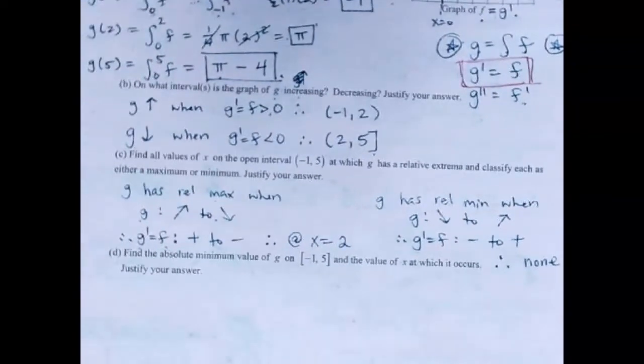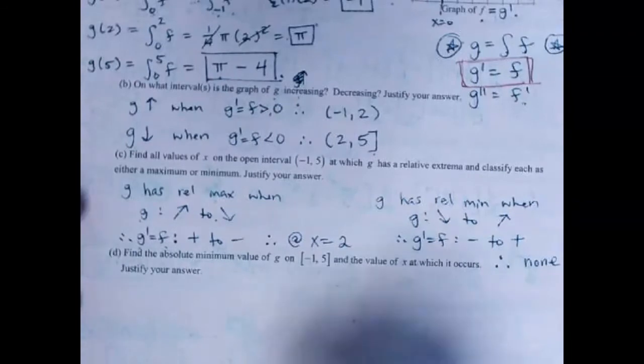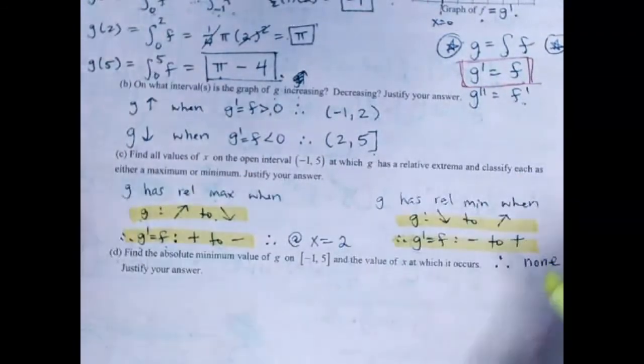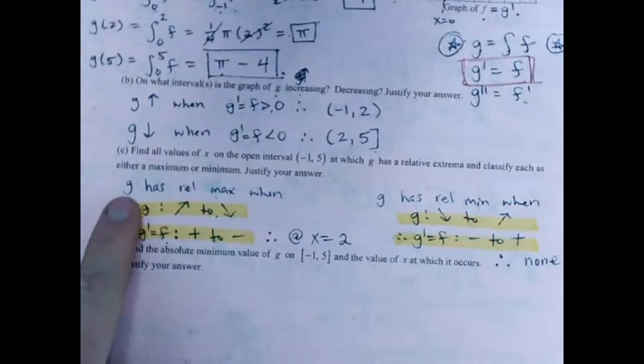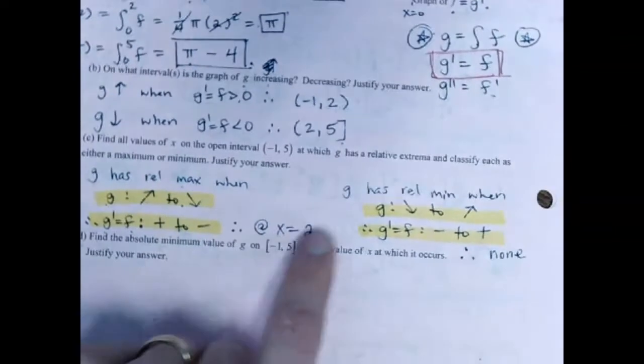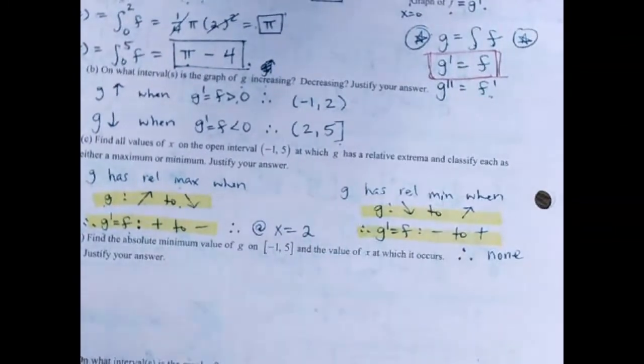Okay, and remember, instead of writing all of this stuff, you could just say, hey, g has a relative max at x equals 2. And then you could say, hey, g has no minimums. You could just write the answers.